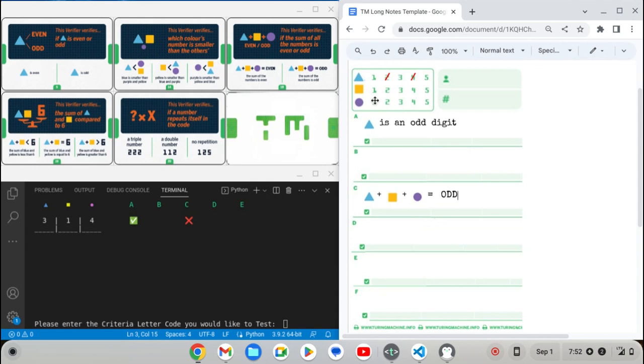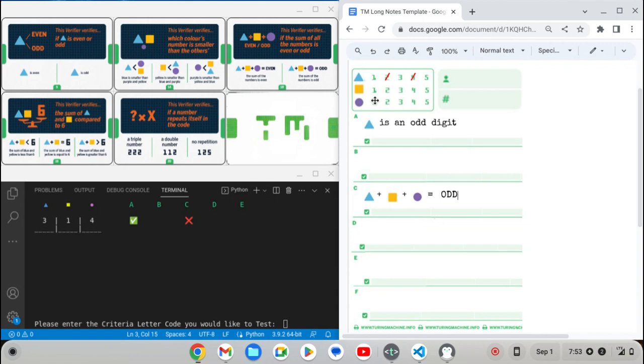But square and circle could also be 2 evens, because in either case, when you add up 2 odds or 2 evens, that sum is an even quantity, but we're going to add to it that triangle odd quantity, and that will basically have the overall sum be odd. Okay, so we're looking at either an all odd solution or an odd even solution.